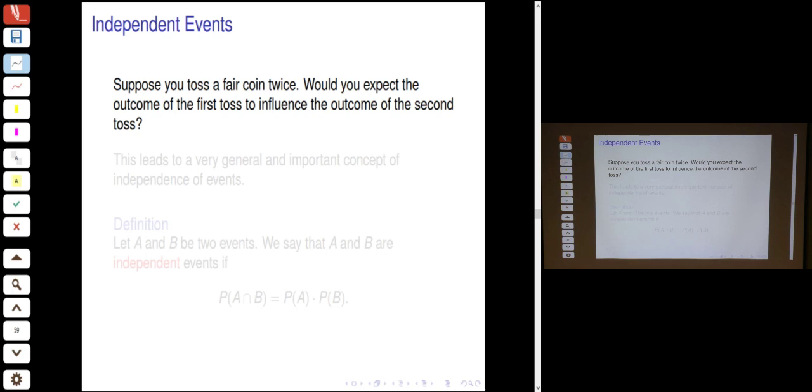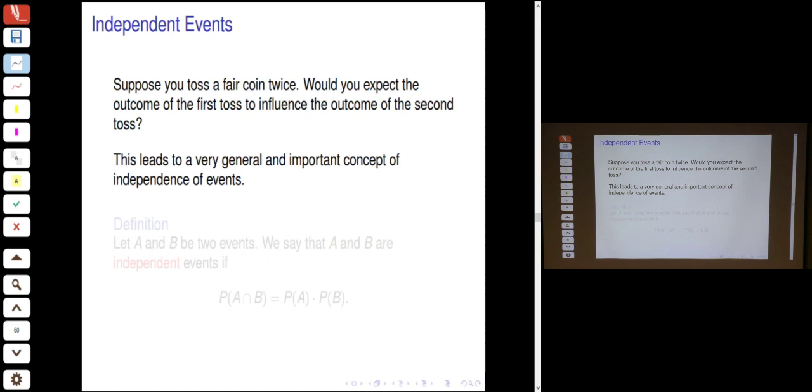Would you expect the outcome of the first toss to influence the outcome of the second toss? The answer is probably no, because after you finish the first toss, it has nothing to do with what will happen in the second toss. So intuitively, the answer should be no. But this leads to a very general and important concept called independence.